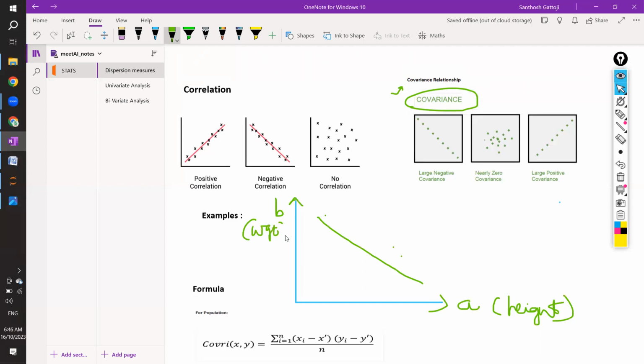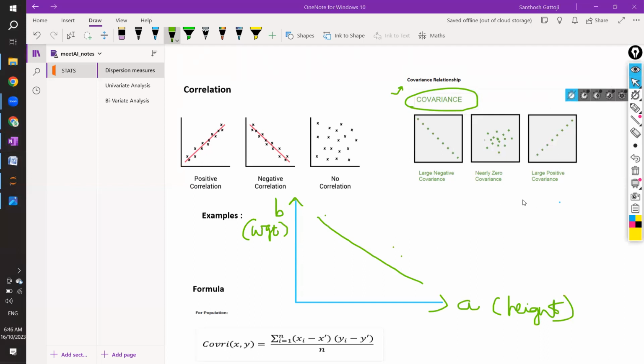As an example, you can use any different columns, but let's use height and weight. If the height is 4, the weight could be some 40, just as an example. If the height is 5, it would be some 55. So as the height increases, the weight also increases.